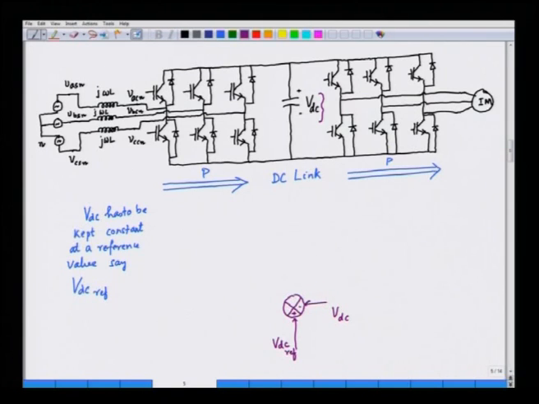So, we can sense this VDC and feed it here, and then what we have is an error, and the error is fed to a PI controller, a controller here. So, we have a voltage error, and that is fed to a controller, and the output of this controller will decide the input current.